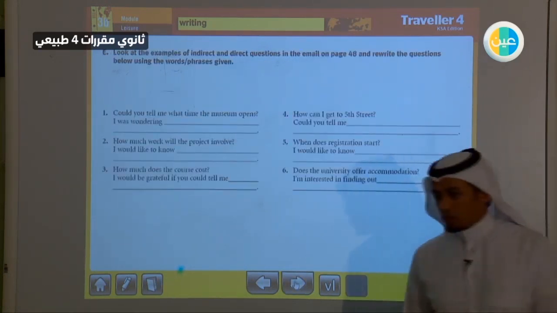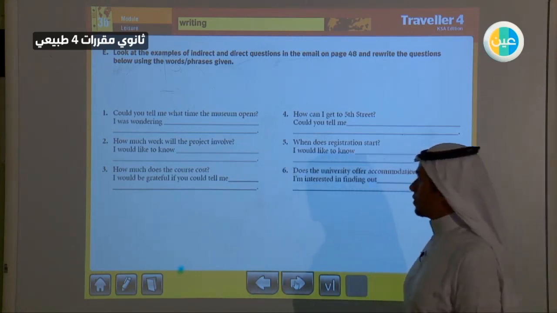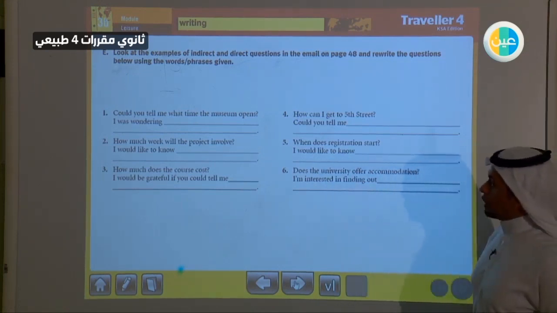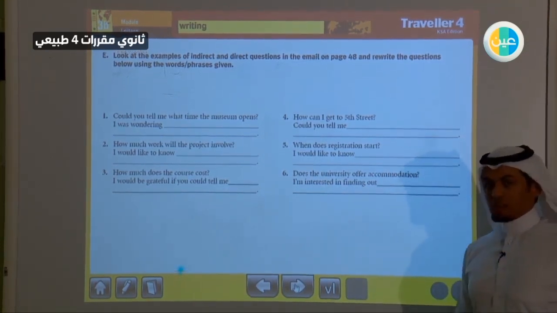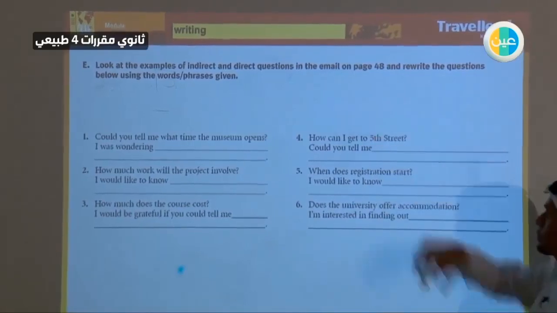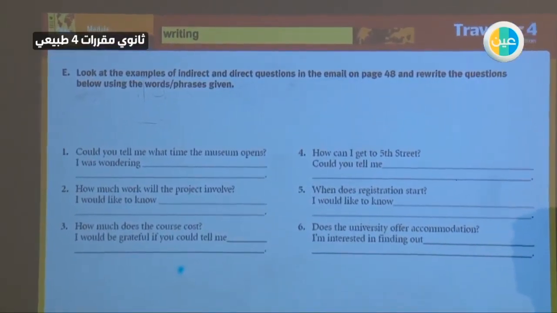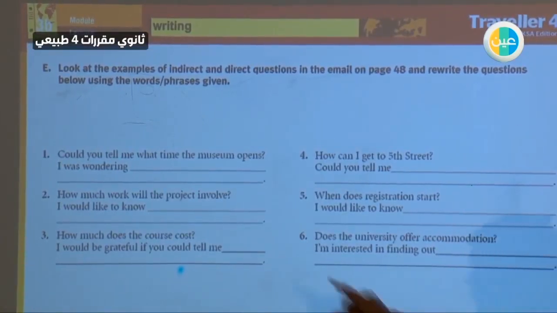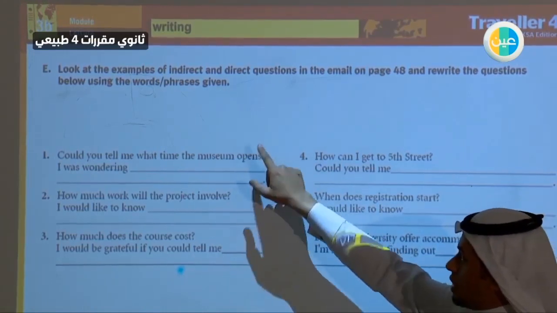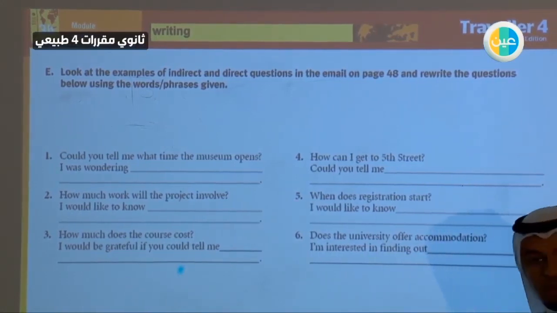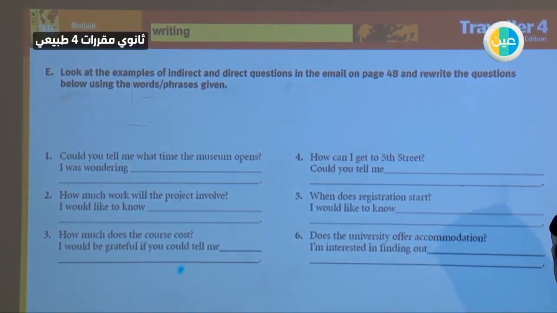Okay, so the exercise here is about direct and indirect questions. E, look at the examples. We have examples of indirect and direct questions in the email on page 48. Rewrite the questions below, so write the questions again using the words or phrases given. So if we have direct questions, we write them as indirect questions, and vice versa.